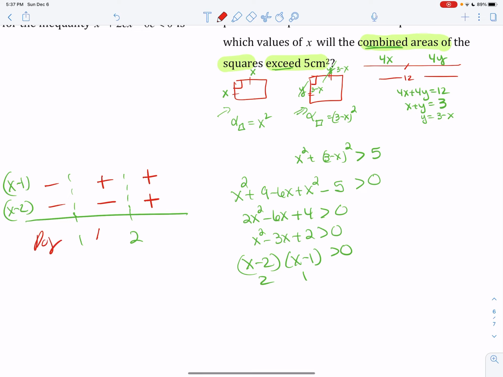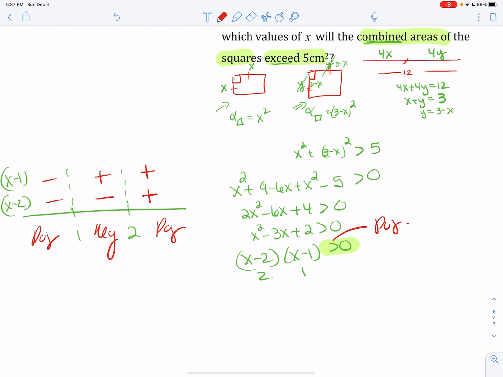A positive and a negative number will give me a negative product, and 2 positives give me a positive. We want greater than 0. We want a positive interval. And here is our positive interval, and here is our positive interval, which means that we are looking from negative infinity to 1, and from 2 off to infinity.